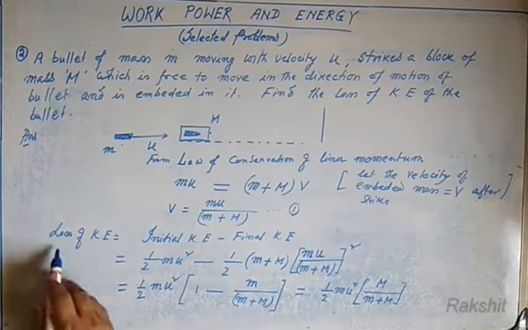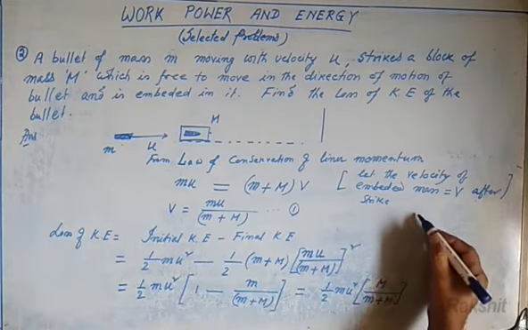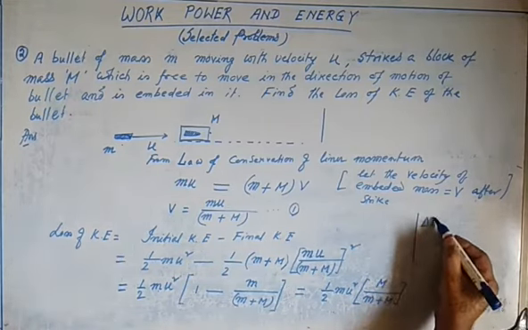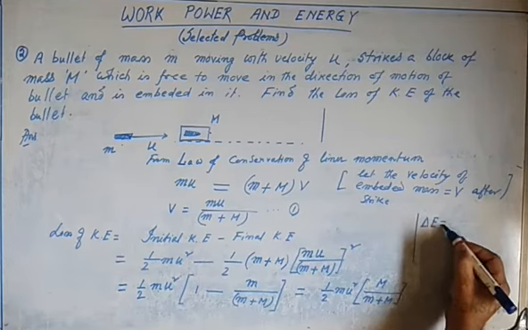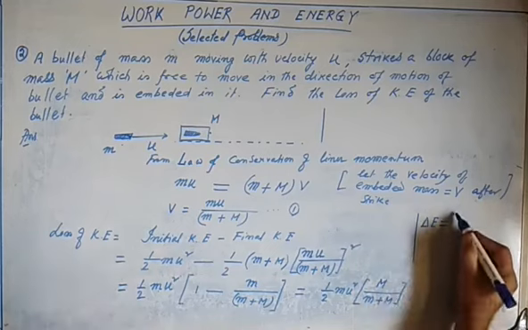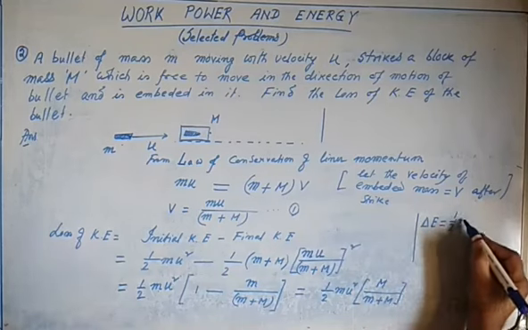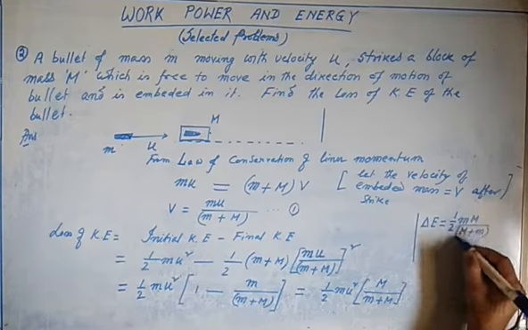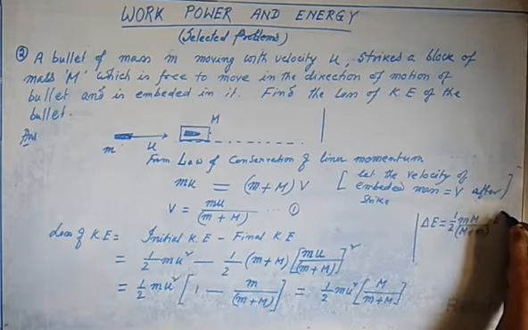Now inspect this expression. Delta E, the loss of kinetic energy, we write again: delta E is half of M divided by (m plus M) times u square.